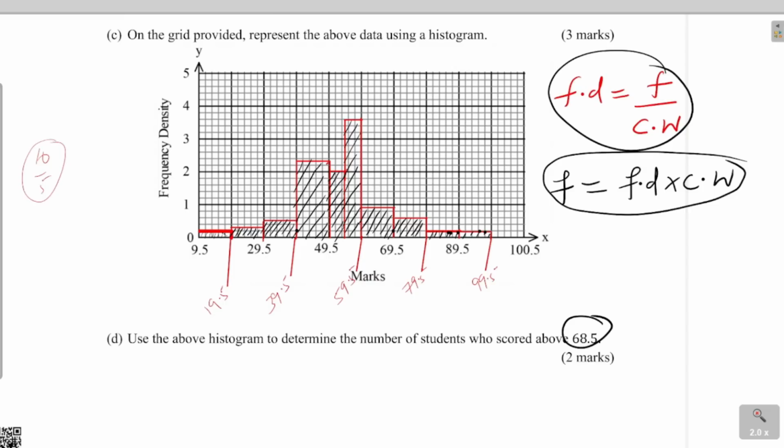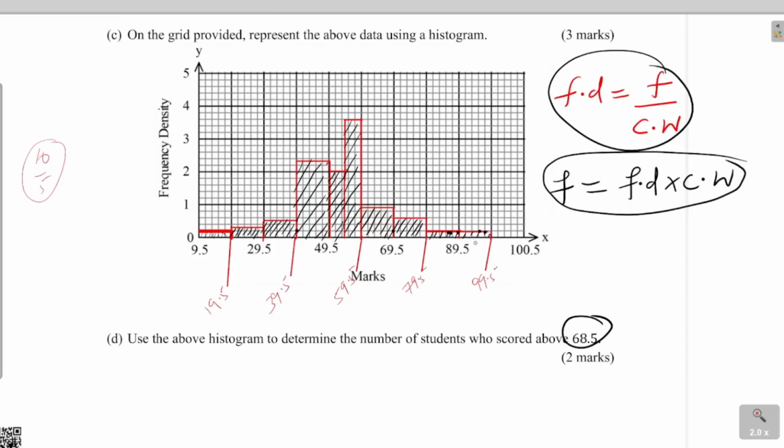And since we want those students who scored above 68.5, look at the x-axis, that is where you have marks. We are going to start from the highest, that is from 99. Look at this class from 79.5 to 99.5.